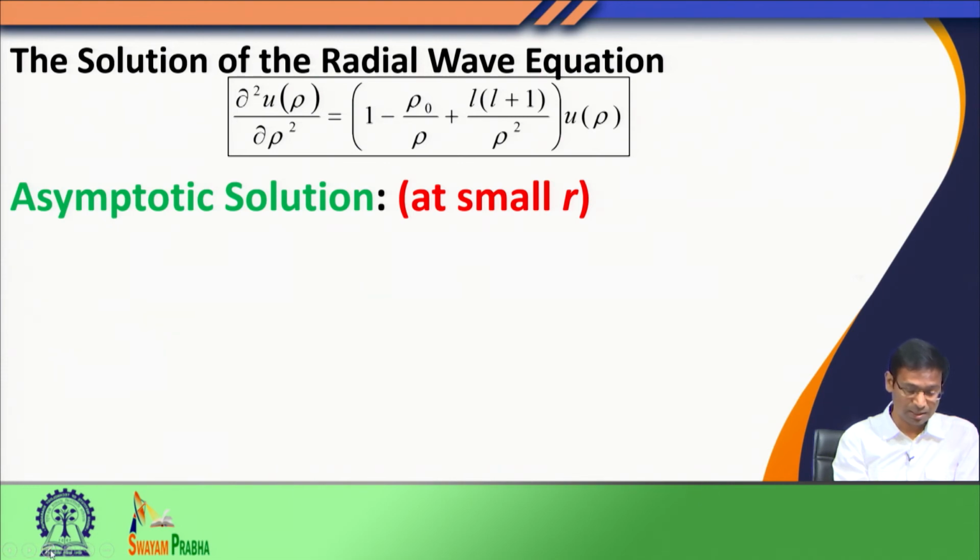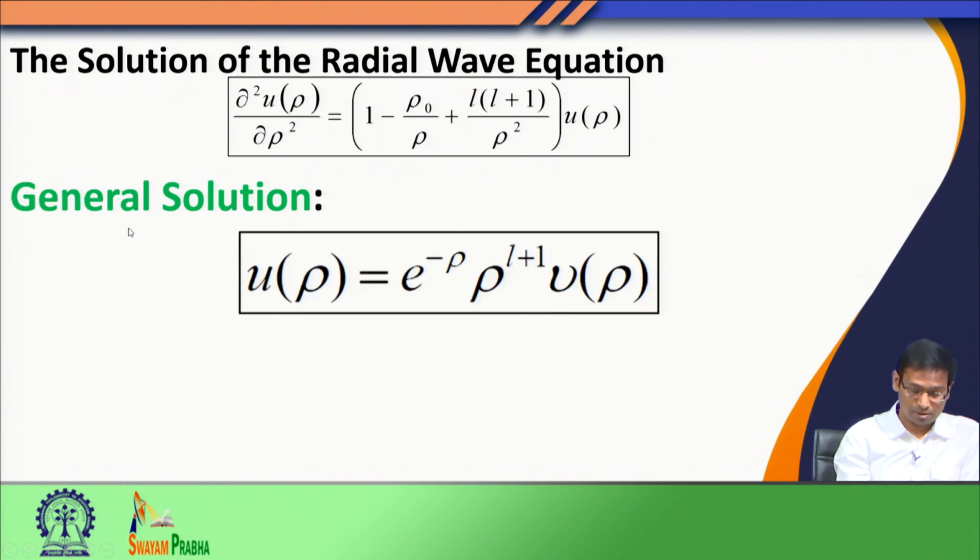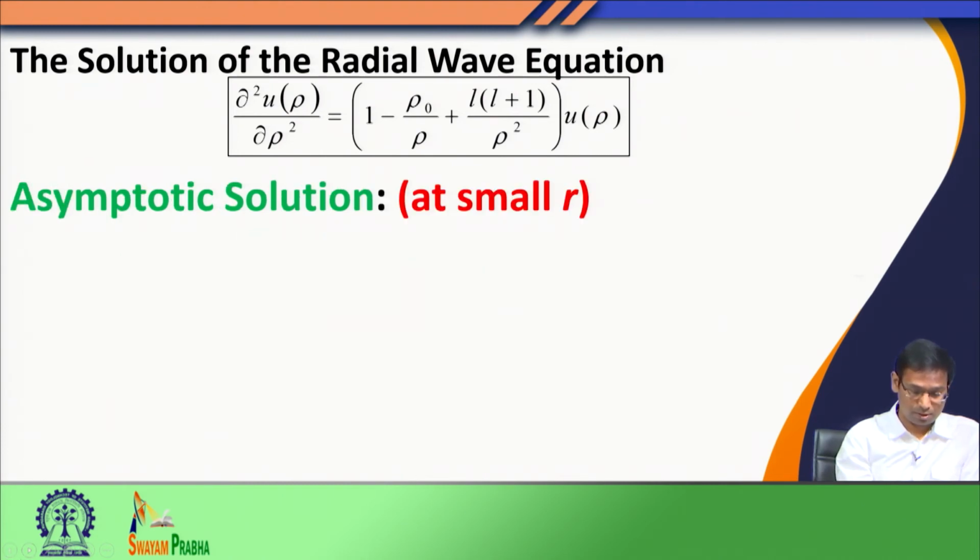and we will go to the next limit, that is the asymptotic solution when r is very small. When r is very small, that means r goes to 0, that means the electron and nucleus are very close to each other. In that case, of course, rho also goes to 0, and my differential equation, the radial wave equation, becomes as follows.